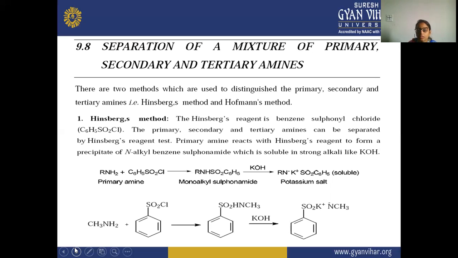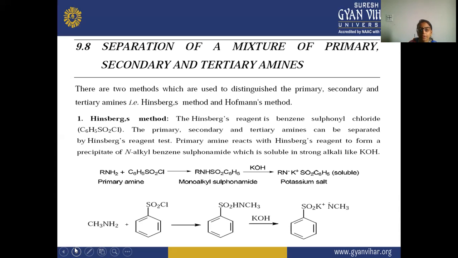This intermediate dissolves in the strong alkali solution and forms a salt, so there is solubility in that strong alkali.